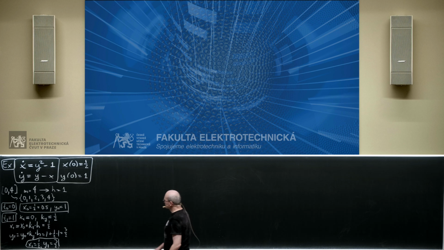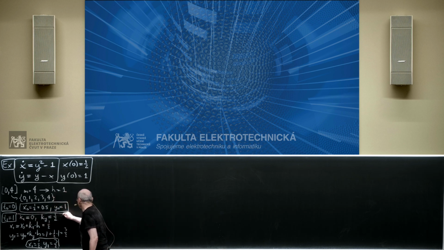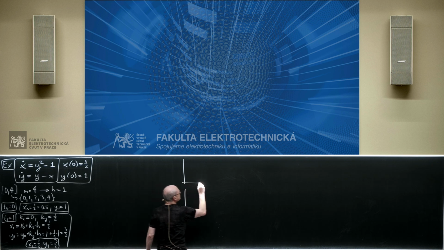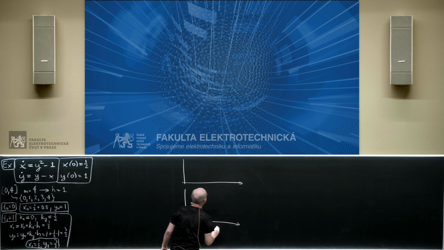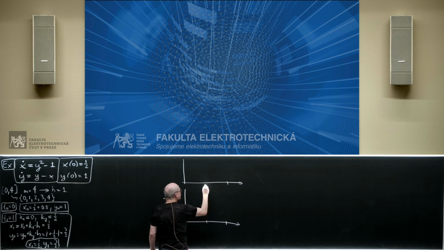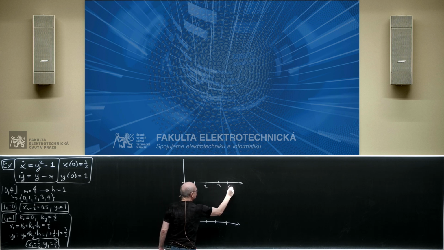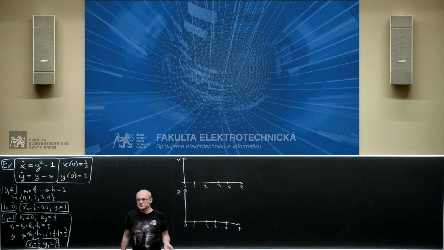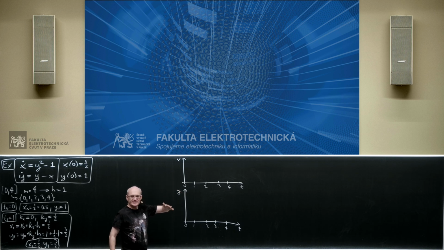Let's try some pictures. How much room will I need? 2, 3, 4. Okay, let's try it here. This is 4, this is 2, this is 1, this is 3; 0, 1, 2, 3, 4, time, and x, y. These will be graphs of my unknown functions. Typically, I would visualize them in one picture, but let's show that these are two independent functions.